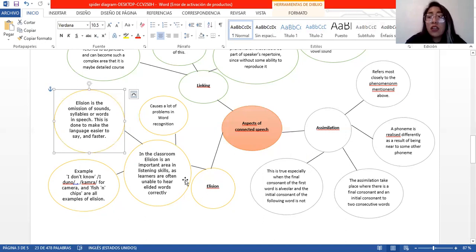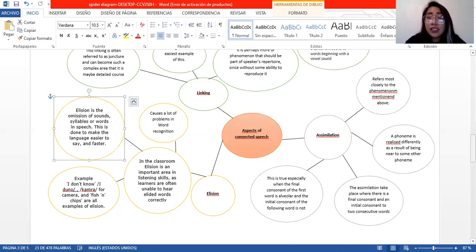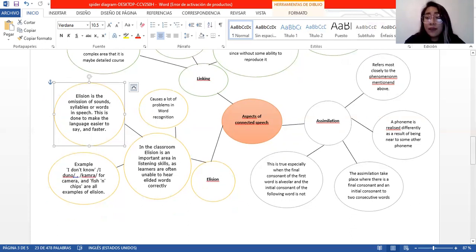So it's an omission of some words during speaking, and in this part some students, when they are doing a listening exercise, can't catch all the words to comprehend the whole exercise because they are not familiar with this part, and they need to practice more to identify all the words in the listening exercise.